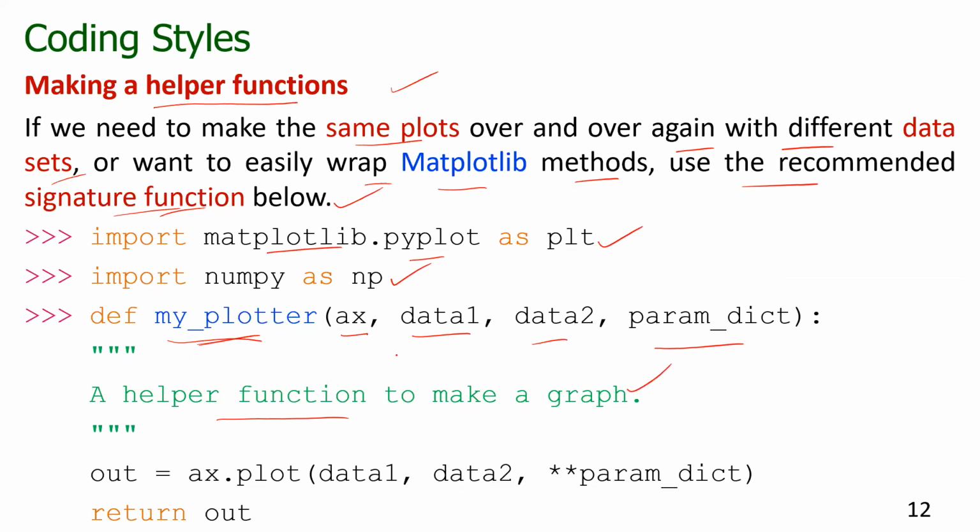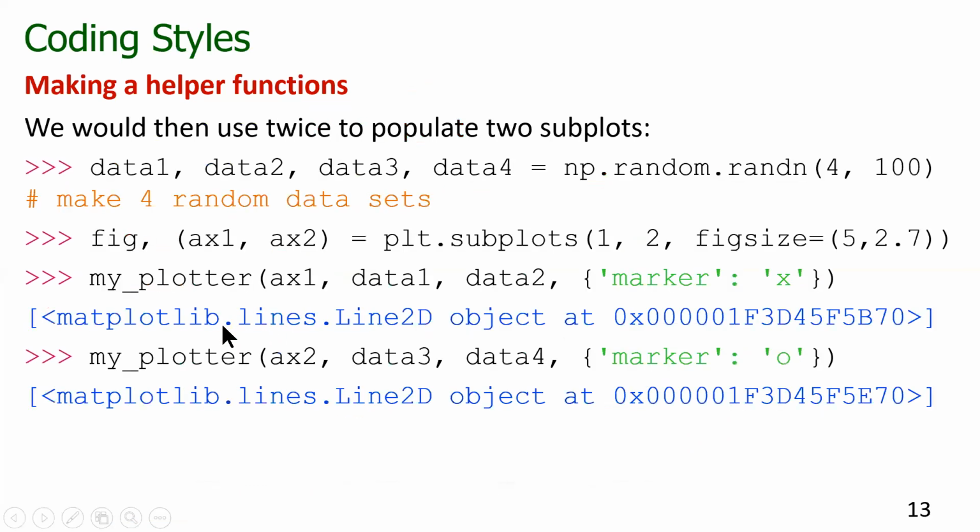Whenever you want to repeat this function again and again in new programs, you can call this method instead of defining it every time. Then we define out = ax.plot(data1, data2, **param_dict), which returns out. This is a simple function, my_plotter, which we will use during plotting.